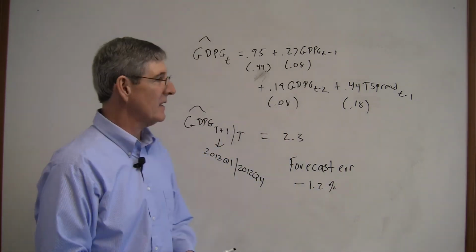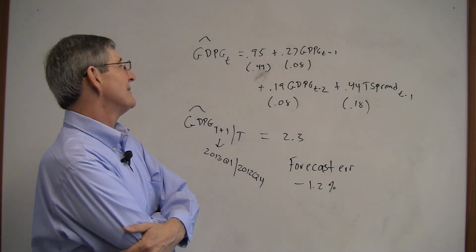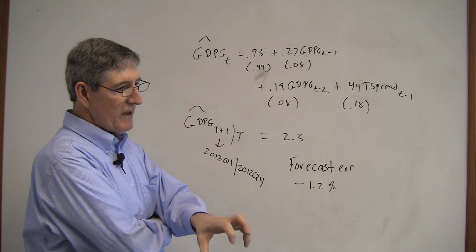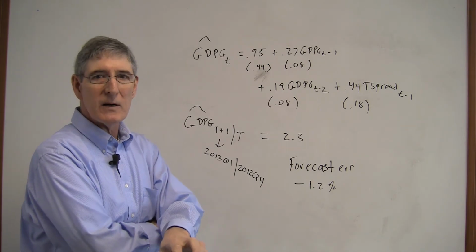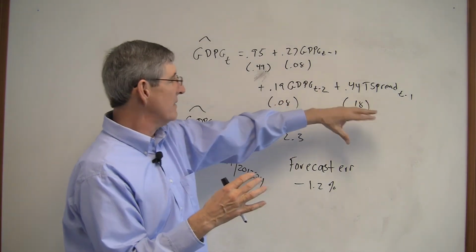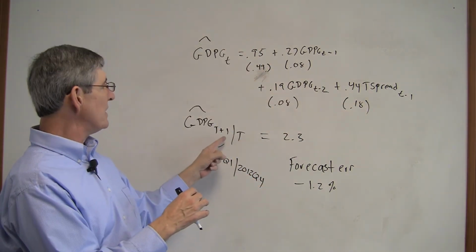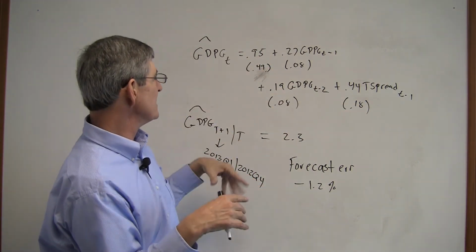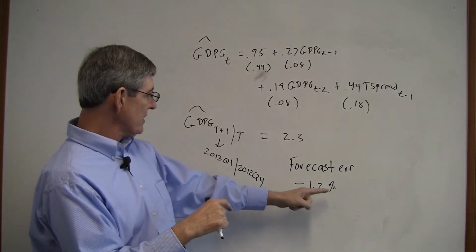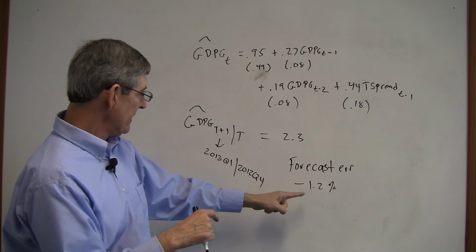One thing I ought to point out, though, is looking at just one period probably isn't enough to evaluate whether this is a better or worse forecaster. It might be that most of the time this is much better, but there was something weird about this t plus 1 period that for some reason threw it off. So generally what you'd want to do is not just look at the forecast error in one period.